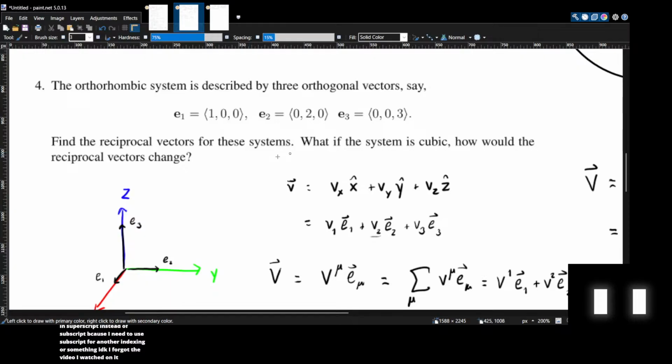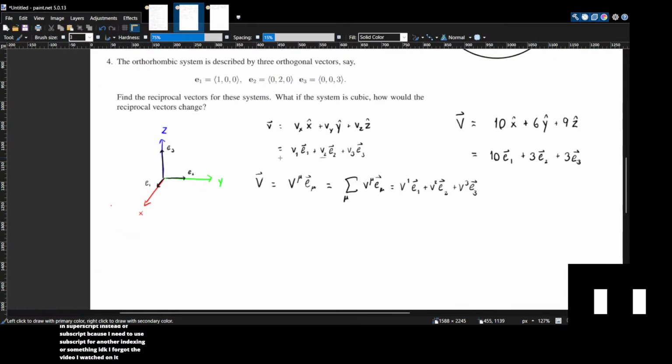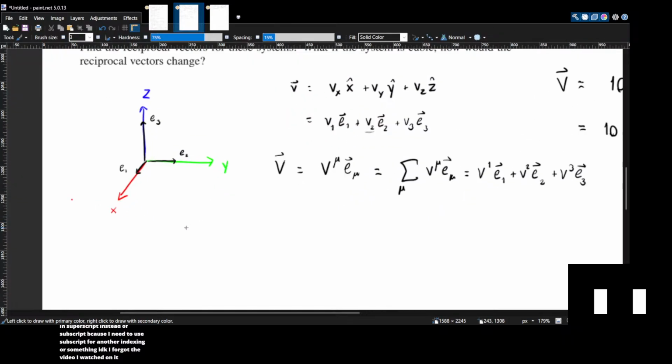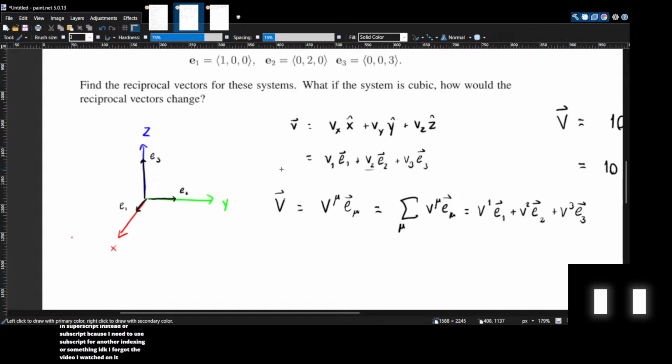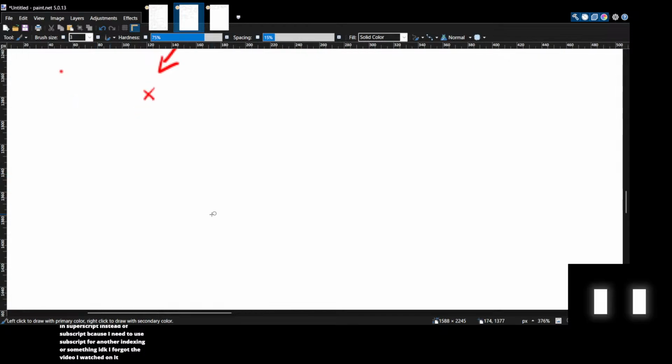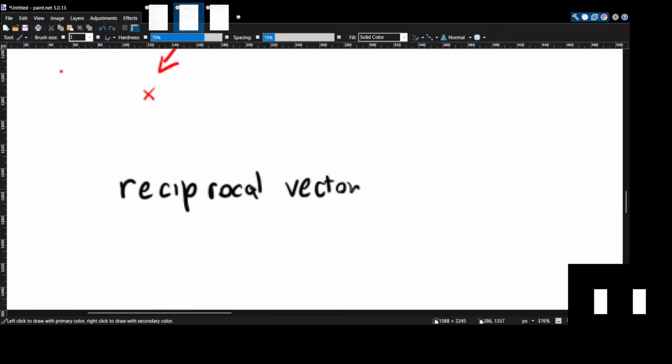What they want us to find is the reciprocal vector for these systems. So the reciprocal vector for E1. Okay, hold on. Maybe indexing gets done in a superscript instead of subscript because I used subscript for another indexing. I forgot the video I watched on it.